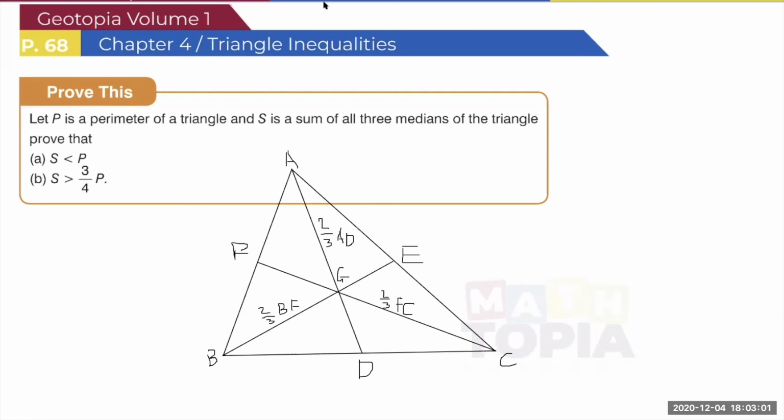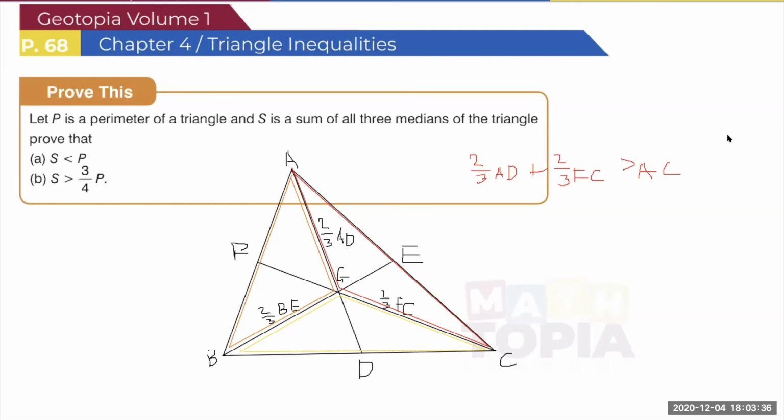So let's focus on these 3 triangles this time. Here are 3 triangles: this red triangle, this orange triangle, this yellow triangle. From the red, we get that 2/3 of AD plus 2/3 of FC is greater than AC.